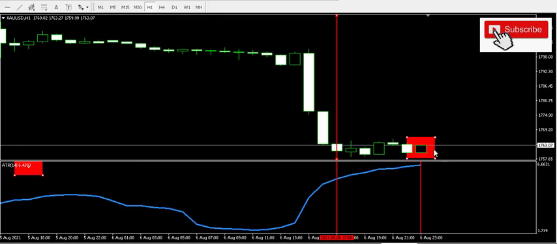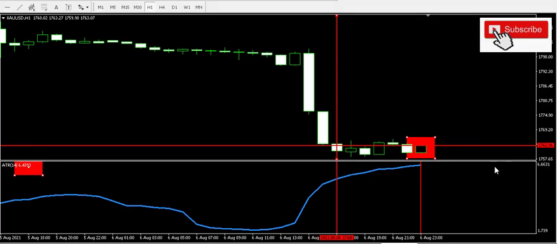So I can place my buy entry here. Let's assume the market is open and I place my buy entry at 1762.96. Okay, I entered a buy trade.